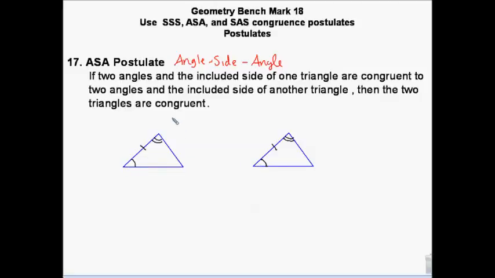But you have two angles and the side between them matching between two triangles, then those triangles are congruent.